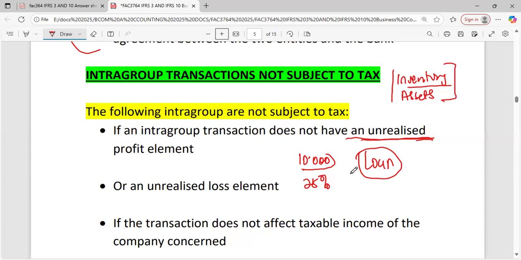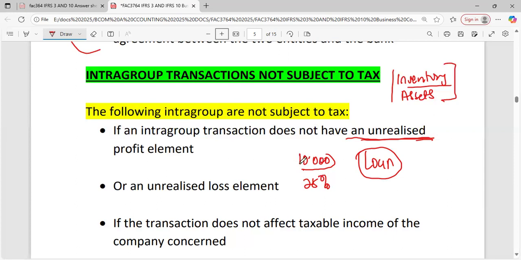Okay, I'm still asking, are you saying it's an intra-group transaction of 10,000? There is an unrealized loss of 10,000, and you are asking about the tax implication for that. I've never come across that, but let me put it in my own understanding.